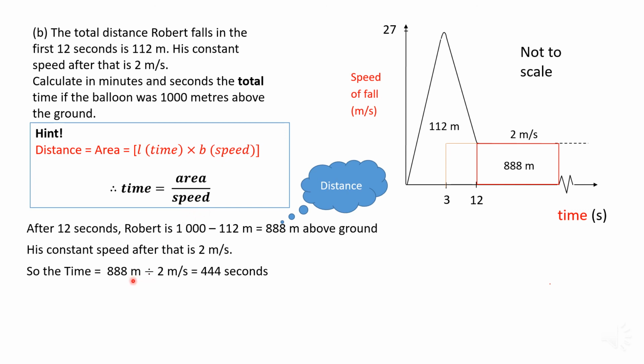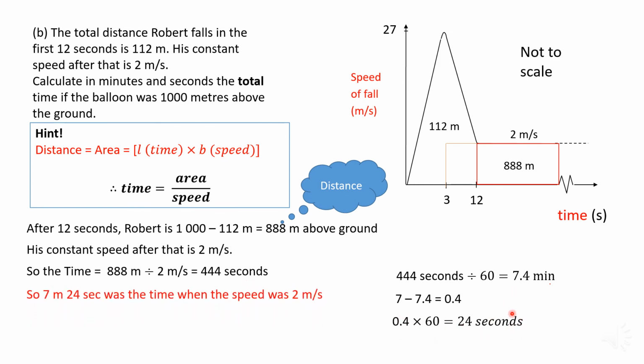That's 888 meters divided by 2 meters per second, which gives you 444 seconds, but this is after the 12 seconds. Let me quickly write 444 seconds in minutes and seconds. That gives you 7 minutes and 24 seconds.